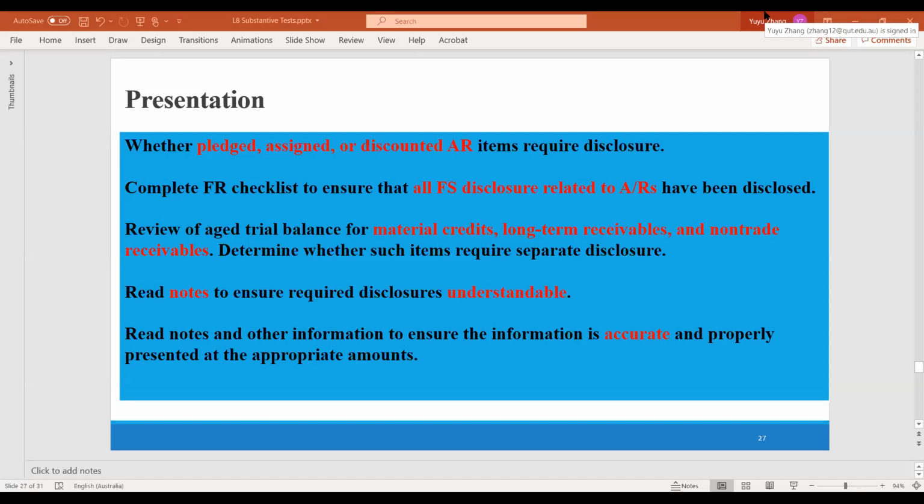So all in all, those presentation requirements are to ensure the information users get a very clear picture about how much the company could collect in the future, how long they can take to get that money back, and how confident they are that the money will come back to this company.